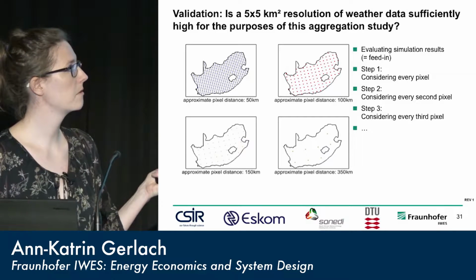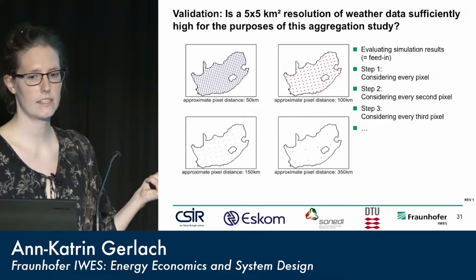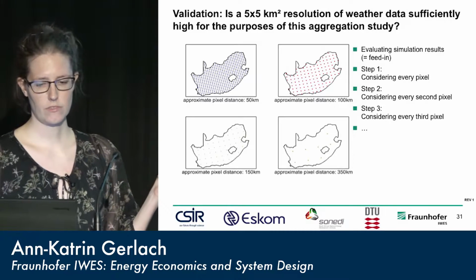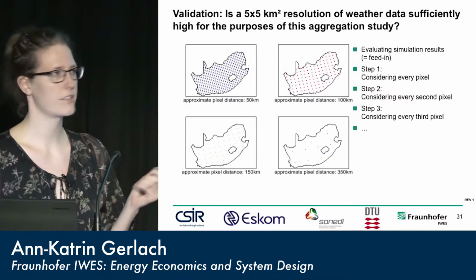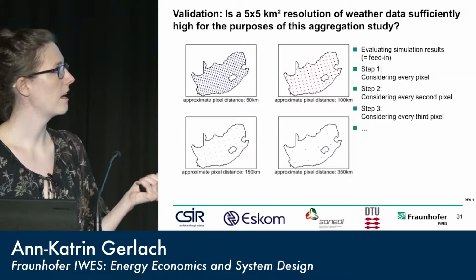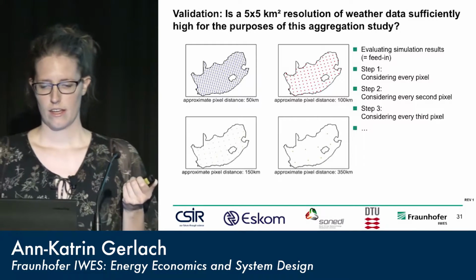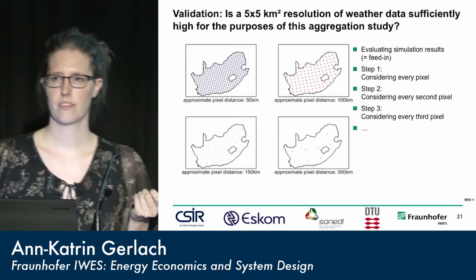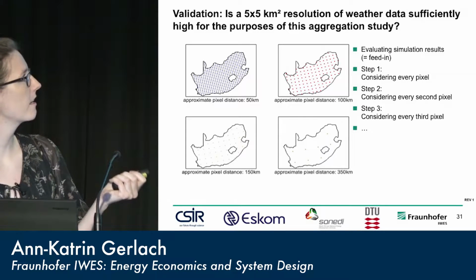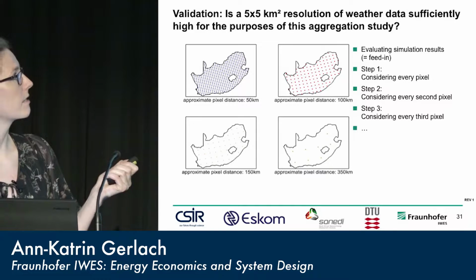In the first step, we considered every pixel, and then we imitated a larger grid by taking only every second pixel and every third pixel. To be sure that we don't make a mistake, we also used different start pixels.